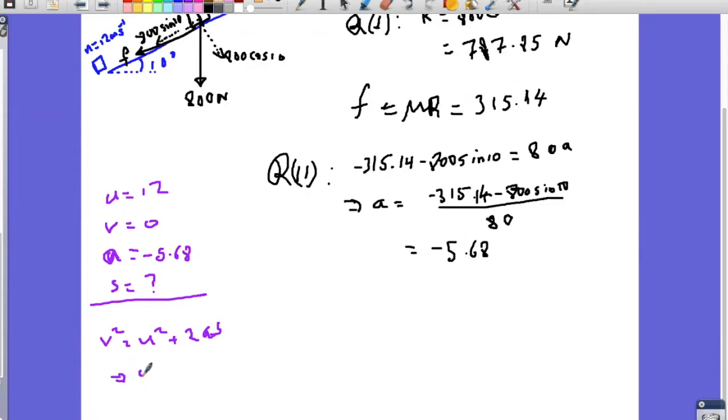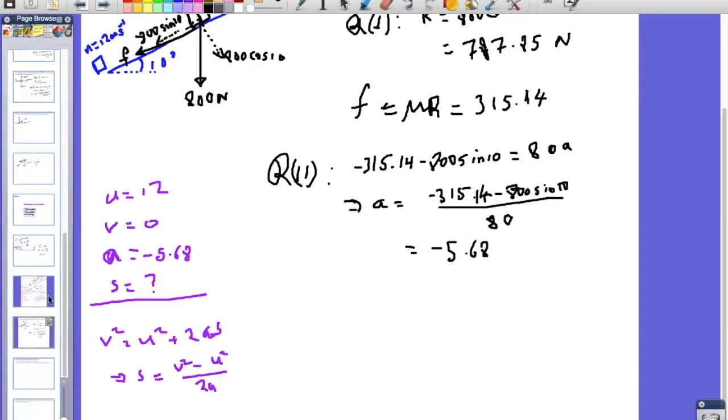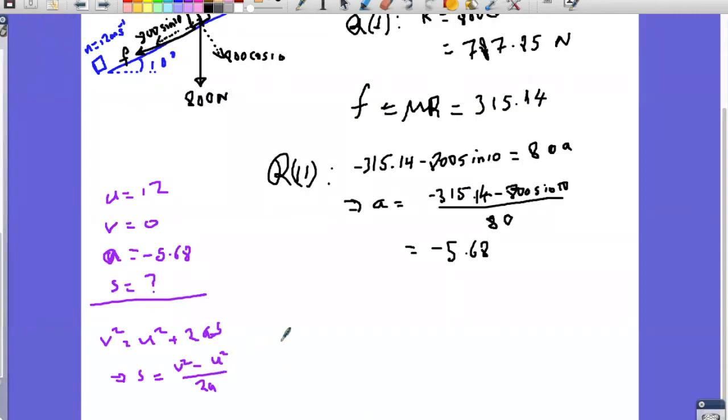That gives us s to be v squared minus u squared over 2a. That is equal to 0 minus 12 squared divided by 2 times negative 5.68. So it's 144 over 2 times 5.68.